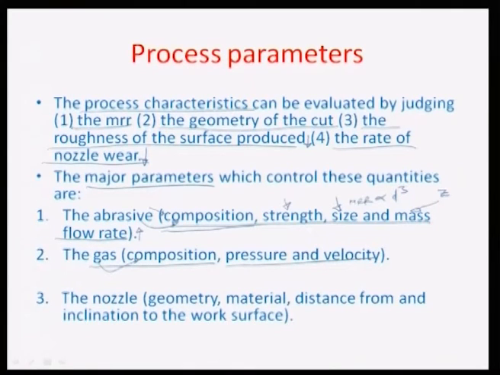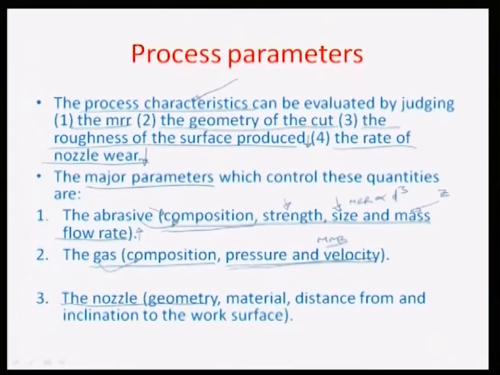It may be able to soften the surface where you are actually flowing the abrasive material, and of course the pressure and velocity of the gas is very important for determining the overall material removal rate associated with the process. The nozzle geometry again is very important for the purpose of determining some of these process characteristics.